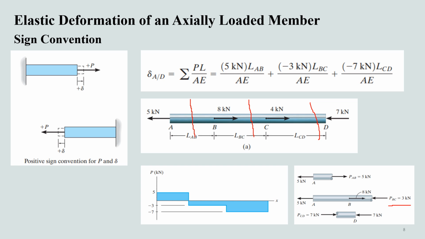Now, in order to determine the deformation of the point A with respect to point D, we can divide each of these forces by the corresponding areas and the modulus of elasticity, and then multiply this by the corresponding lengths of each of the sections, to determine the deformation of point A with respect to point D.